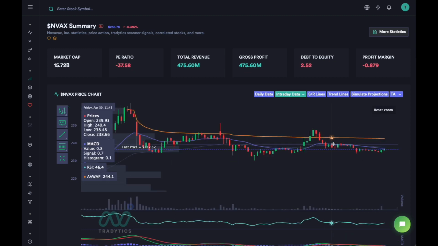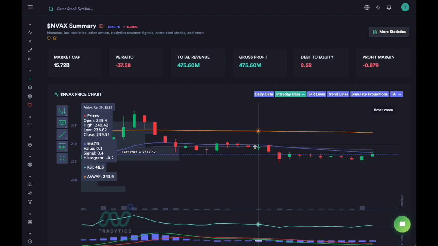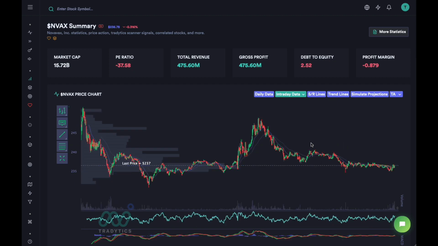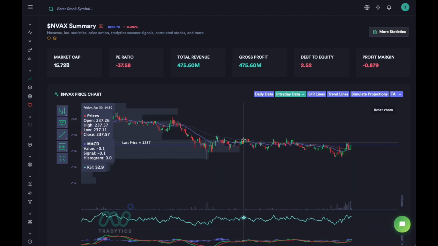So we need to go to 12:30, right? All right, so about here, not here actually. So we want to go to 12:30, and let me actually open up the 1-minute chart, because I think that should hopefully work well.